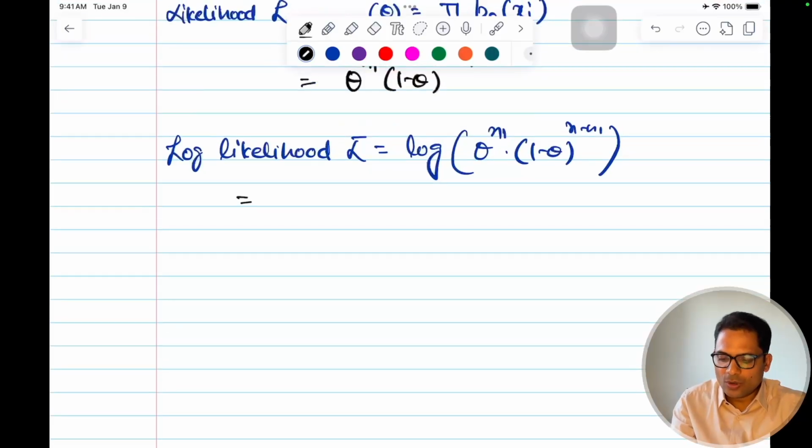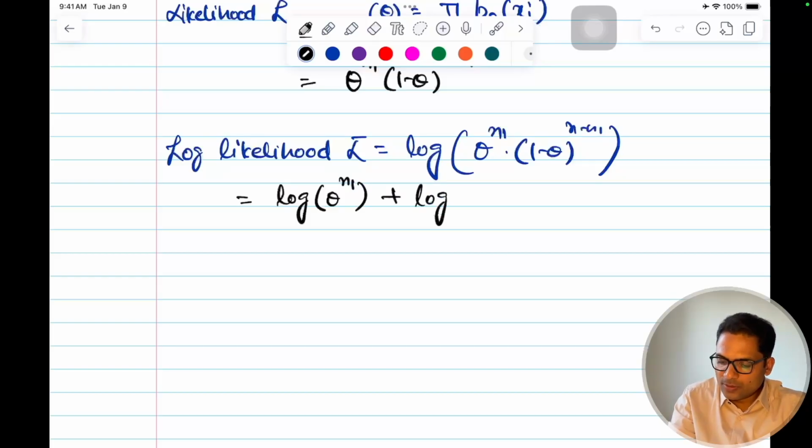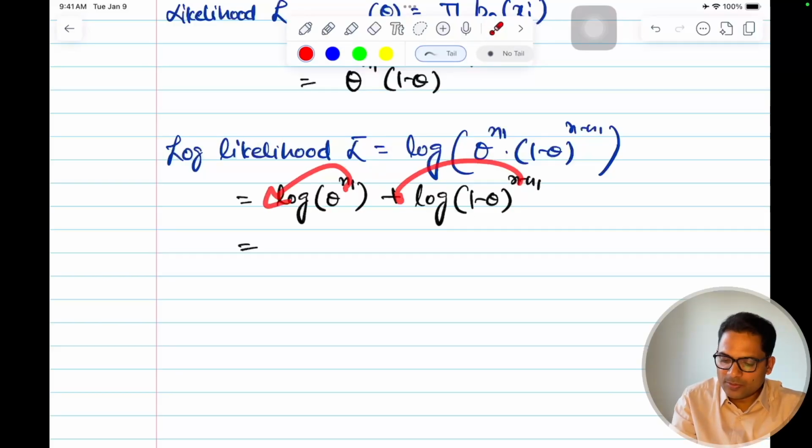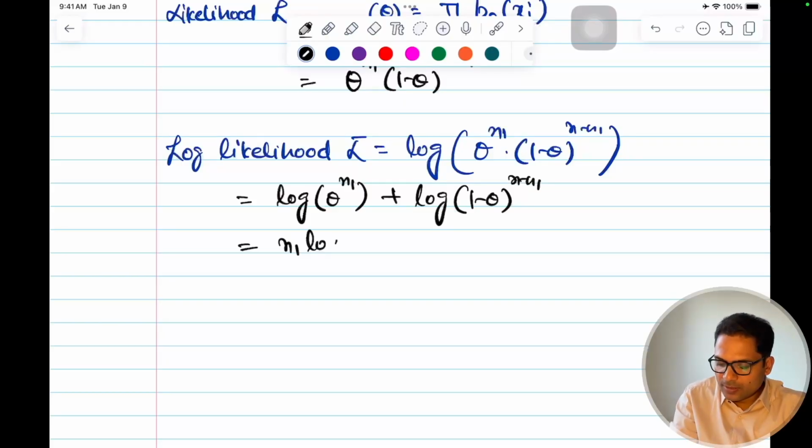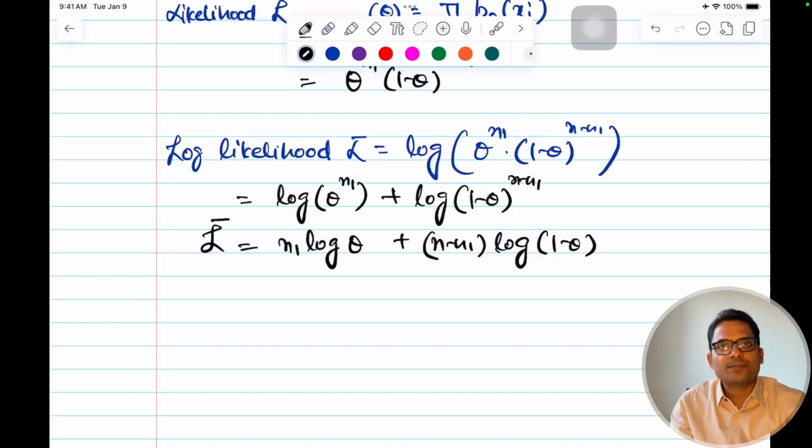This is a multiplication, so this will be log of theta to the power n1 plus log of 1 minus theta to the power n minus n1. With log, this power comes here in front. This will become n1 log theta plus n minus n1 log of 1 minus theta. This is my log likelihood.